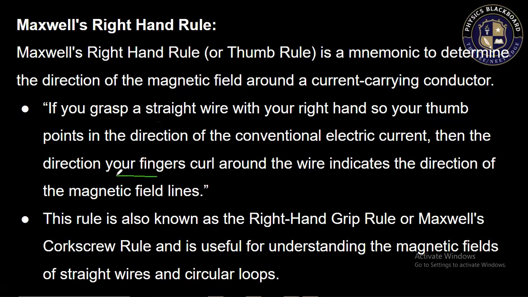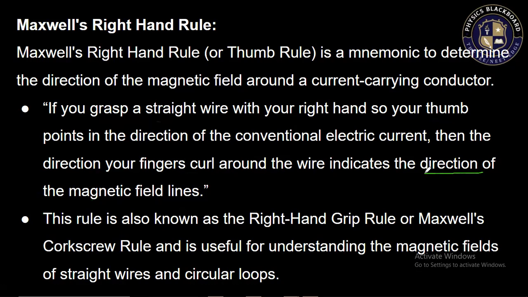Then the direction of fingers curl around. The remaining four fingers, except thumb, are curled around the wire. These curled fingers show the direction of magnetic field lines around that wire.